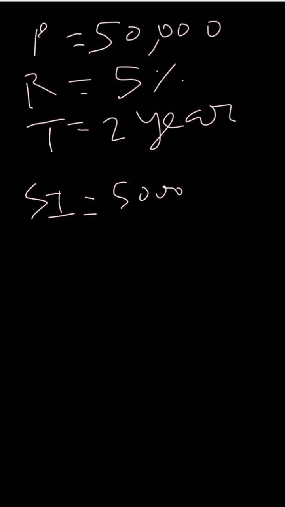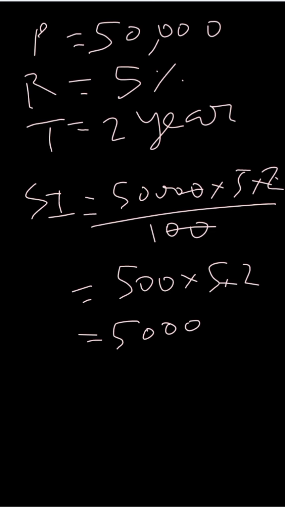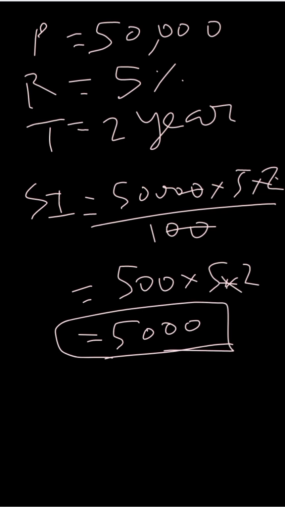It is 50,000 into 5 into 2 upon 100. Let us cut that down. You will get 500 into 5 into 2. So that is 5,000 rupees. This much interest you got. It means this much extra rupees he or she has to give you.